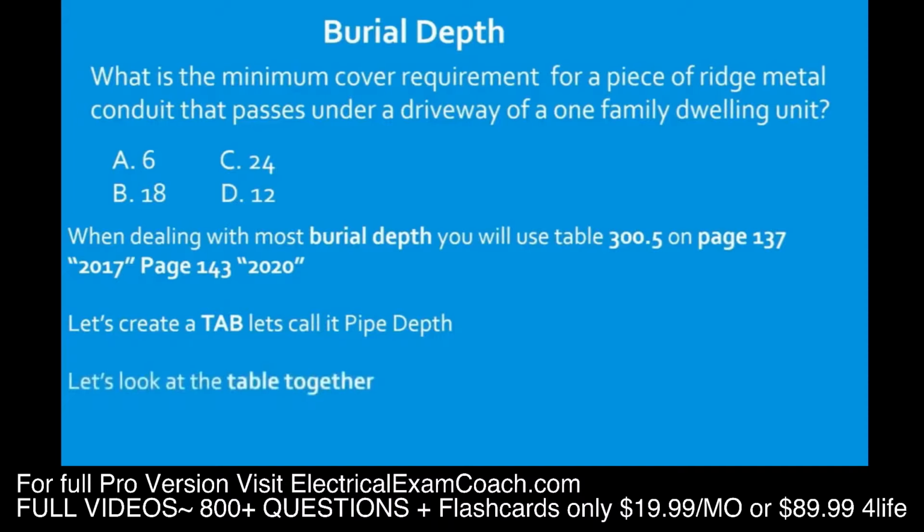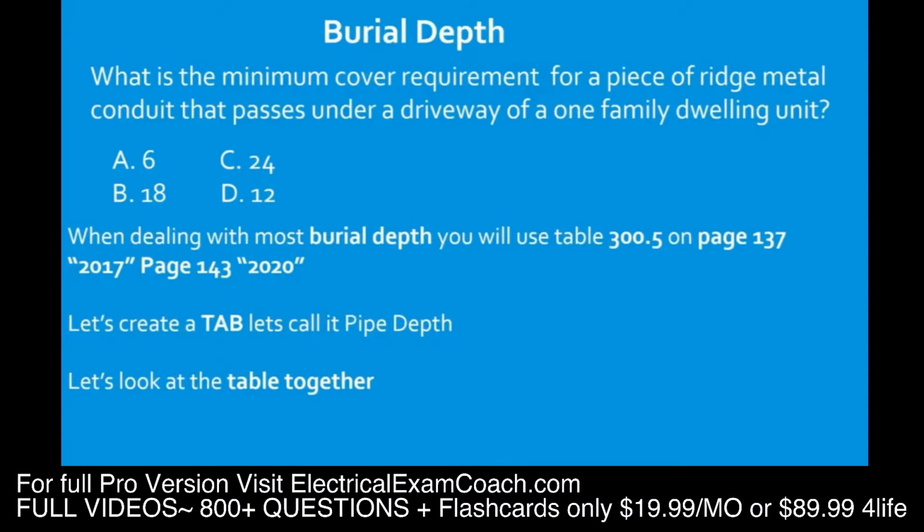So the first thing that we do is we check the black bold heading. It says minimum cover requirements of 0 to 1,000 volts. I feel like we're doing good. With that being said, on the left-hand side is going to be our location type. So you have to be careful to see if your question states a specific type. In our question, it says one family dwelling. So that makes it easier. Also, we're dealing with a driveway.